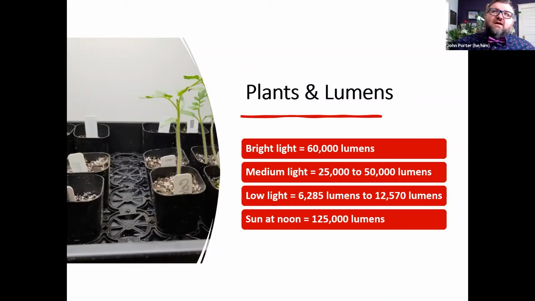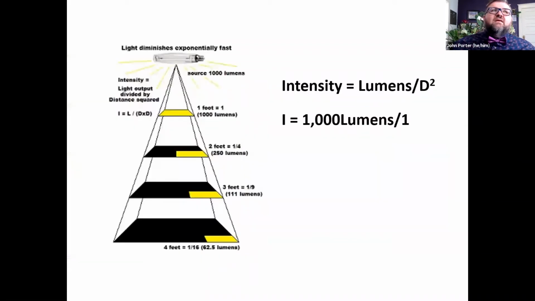And so we talk about these different types of light, and David will go into them in a little different detail a little later on. We also look at, if we're buying a light, the farther away from the light, the less light you have. So it's a diminishing return. The lumens are divided by the distance squared.